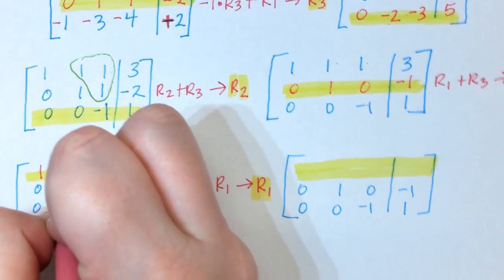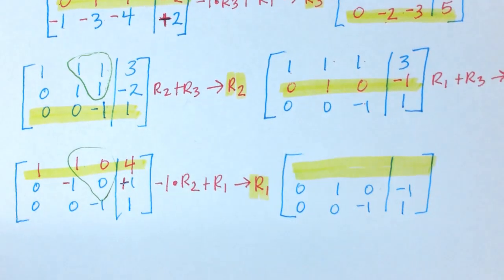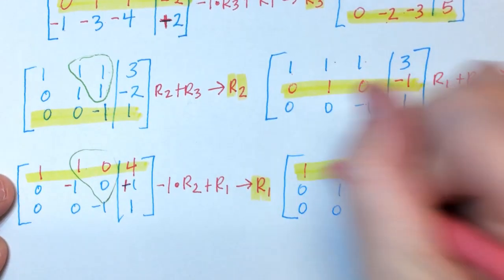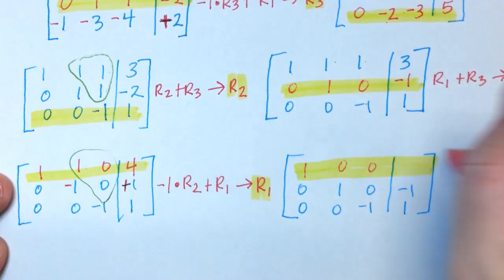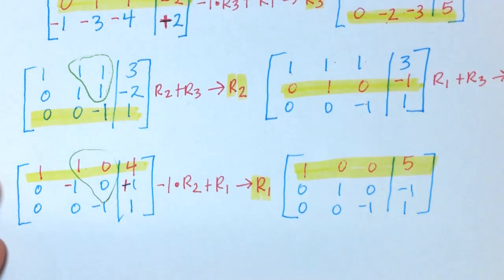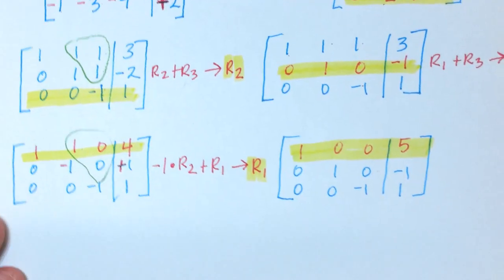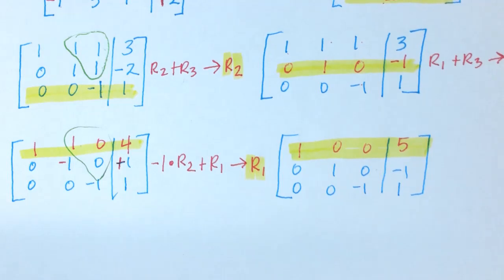We multiply these by the negative, so they're opposites. So I get 1, 0, 0, 5.